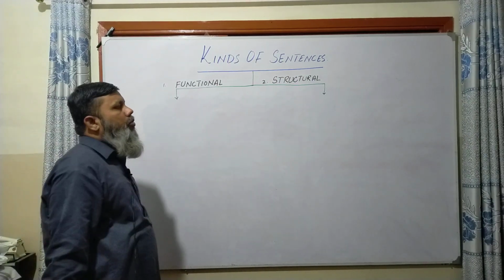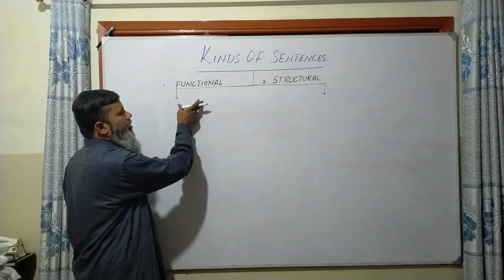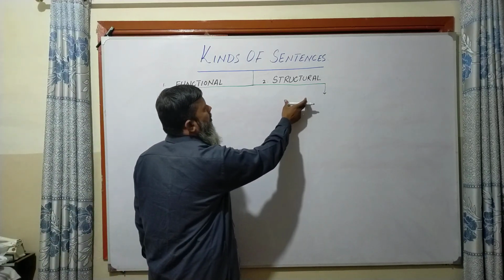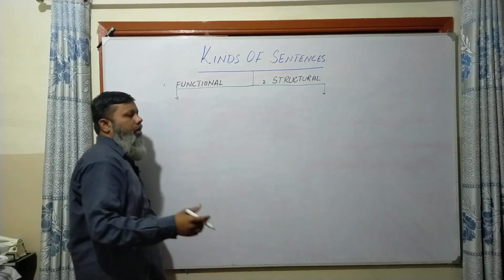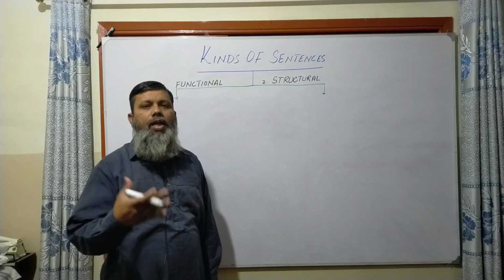There are two kinds of sentences. First, functional. Second, structural. Now, what are the functional and structural?